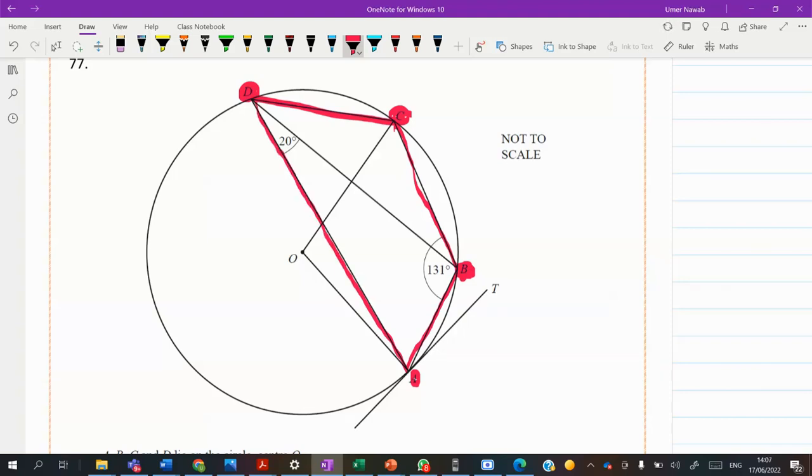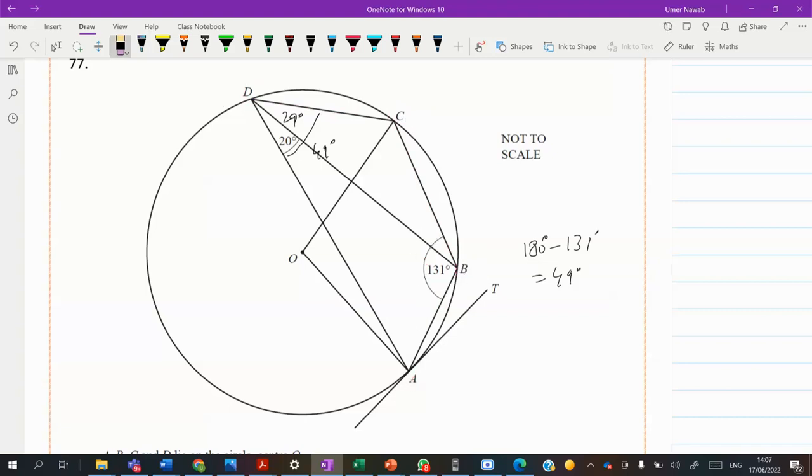So if this is 131, I can find this because this is opposite to that. When I do 180 minus 131, that gives me 49, boys. So this is 49, done.